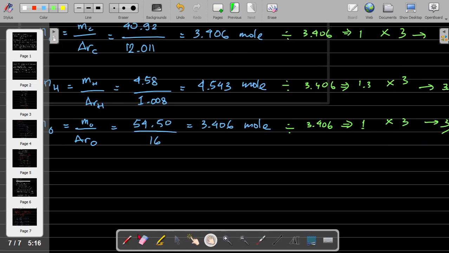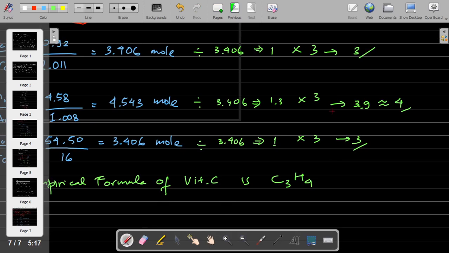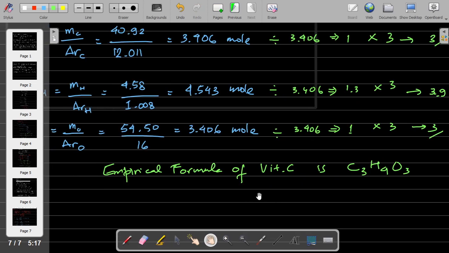So the empirical formula of vitamin C is C3H4O3. Yes, so this is the empirical formula.